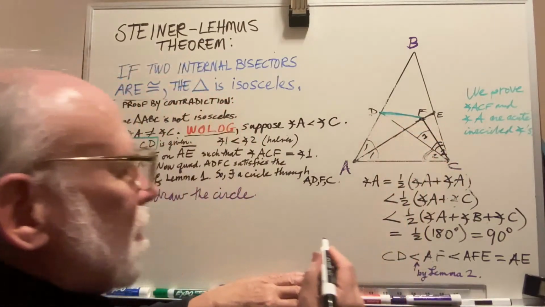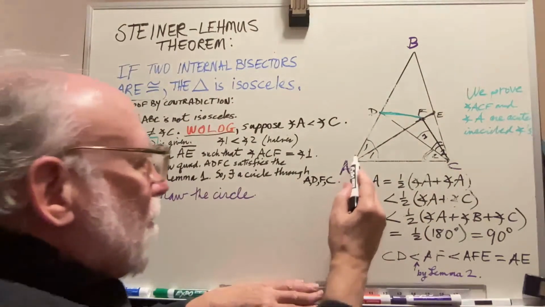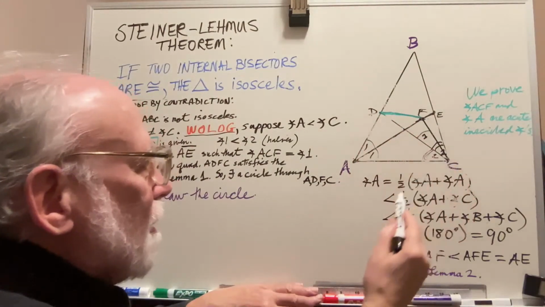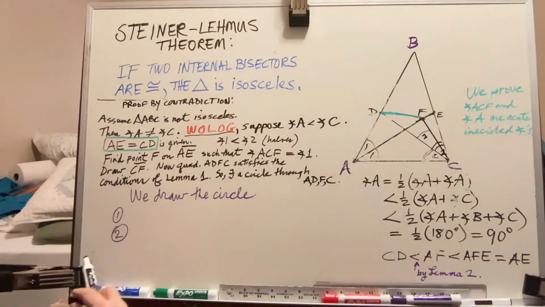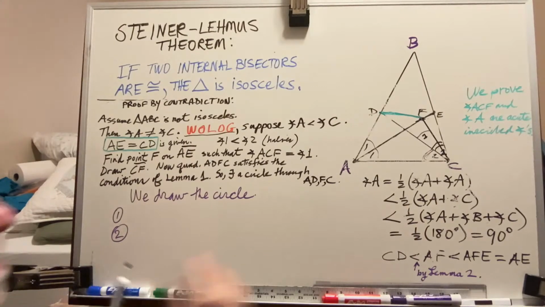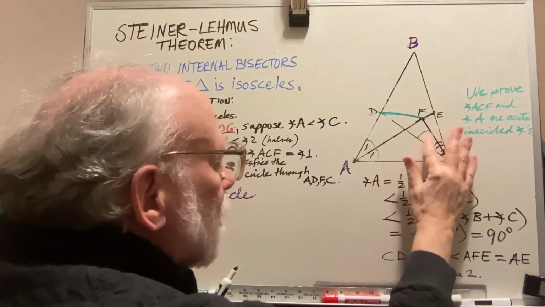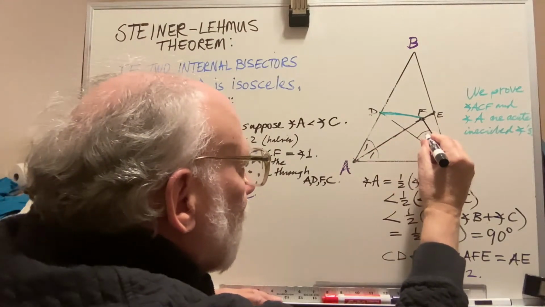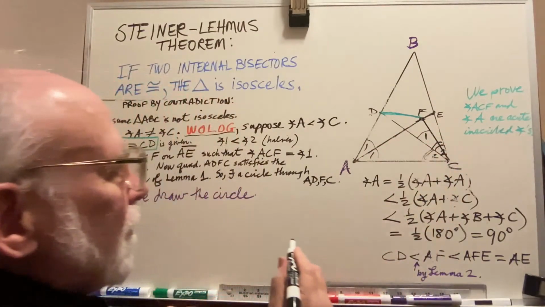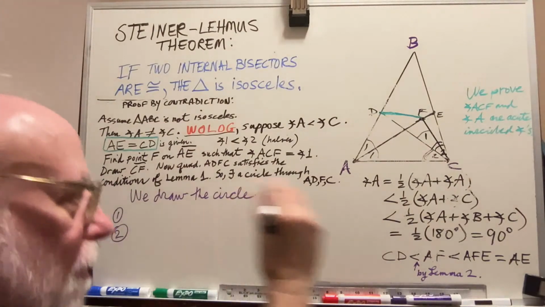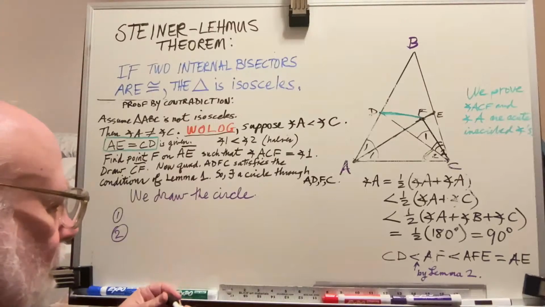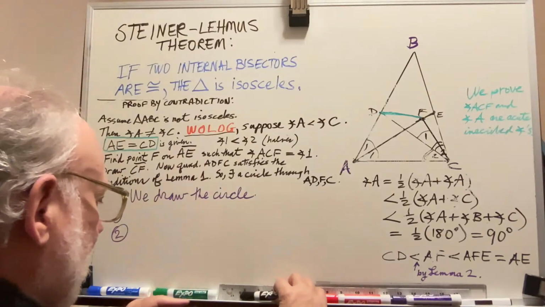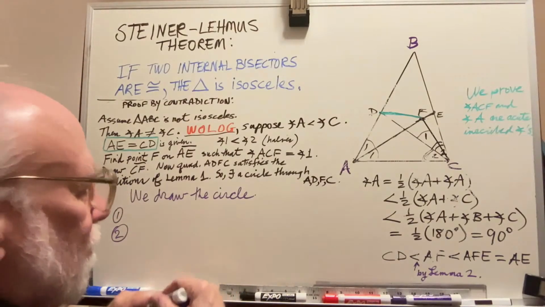Now we can say that we have ADFC, and these two angle 1s here meet the conditions of lemma 1. Okay, this is a 1 here. That means that we can draw a circle through ADFC, that there exists a circle through ADFC.